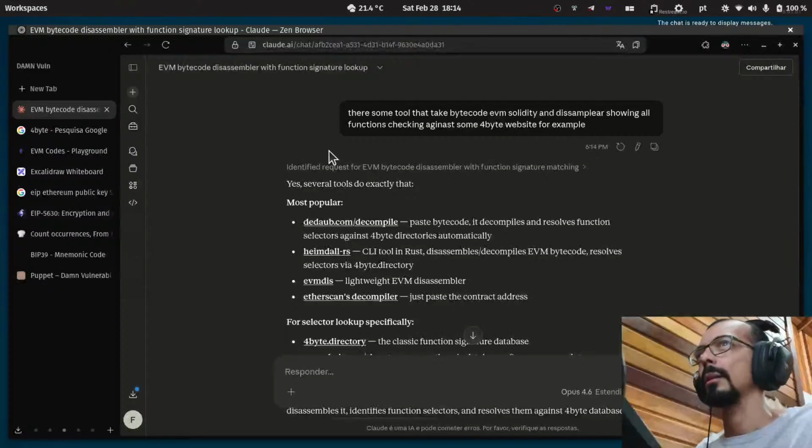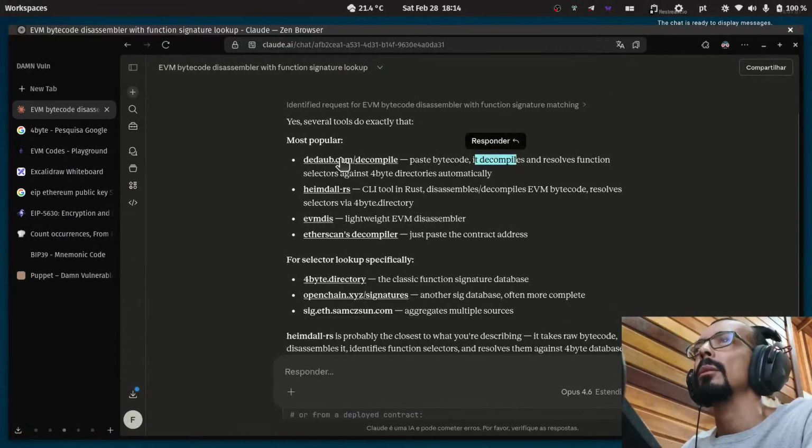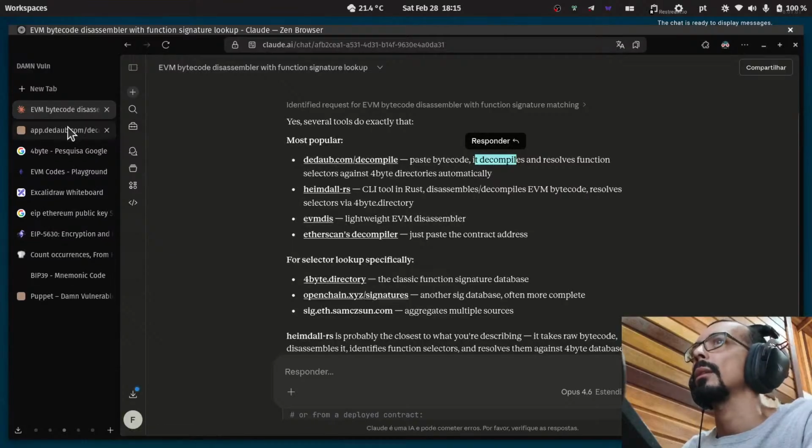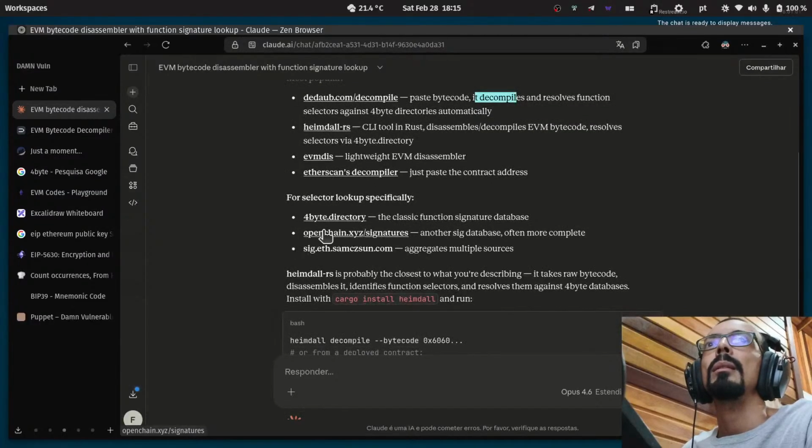And okay, let's see. He found the decompile, paste bytecode decompile functions. Okay, so let's try that. That's a tool I used in the past. EVM disassembler. That's for Etherscan. That's another database.